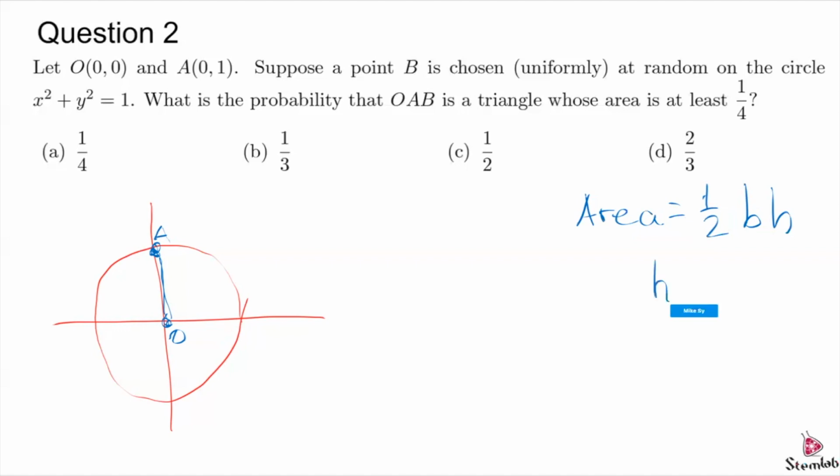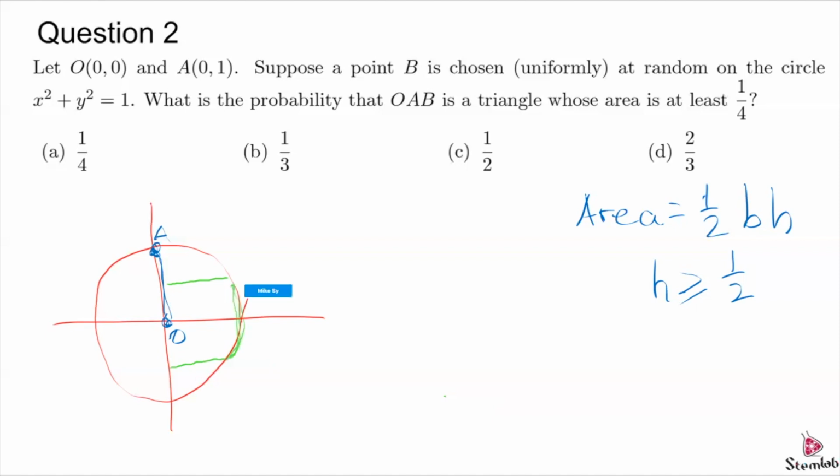H is greater than or equal to 1/2. Okay. So H will be this perpendicular line. So we can let H be some line that's going this way. And all the lines that are below it, all the way up until here, will be what we want. This is the range of what we want.